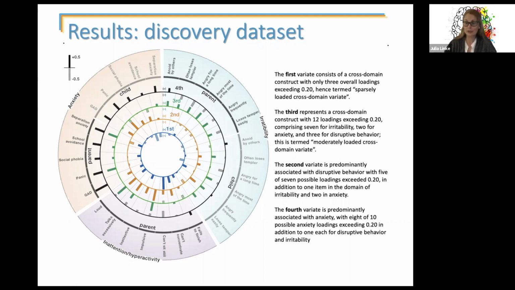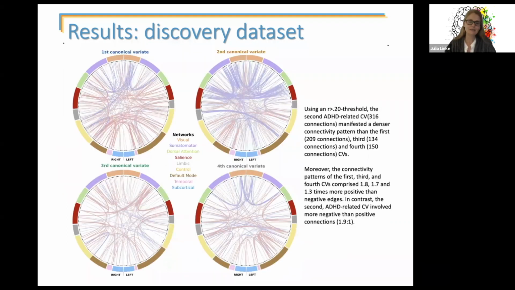Now, which neural circuits were related to these latent phenotypes? And maybe shockingly, maybe sadly, there was not a specific neural circuit which mapped onto these latent phenotypes. More so, we saw from the loadings many, however, relatively weak interhemispheric connections, as well as connections spanning distinct networks within each hemisphere.